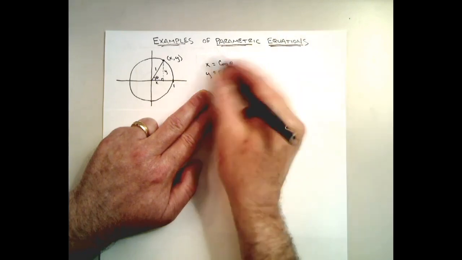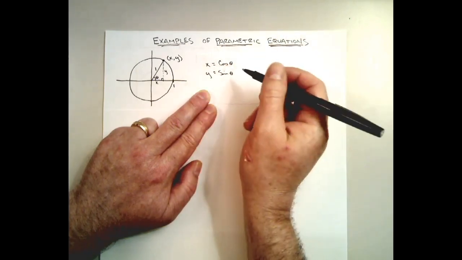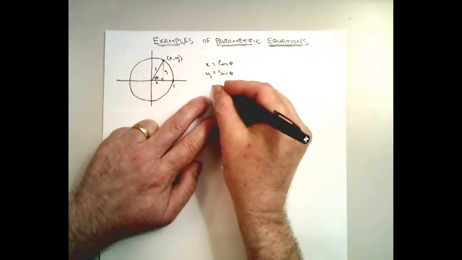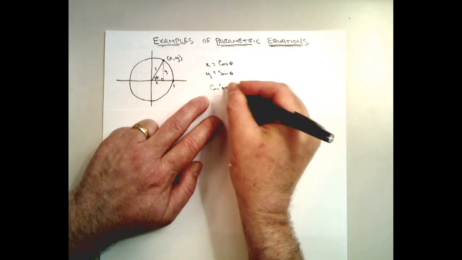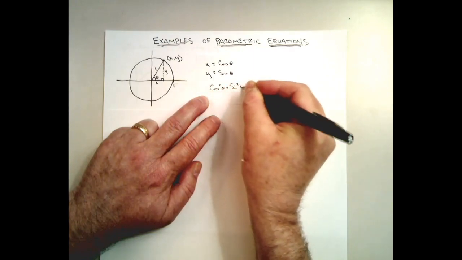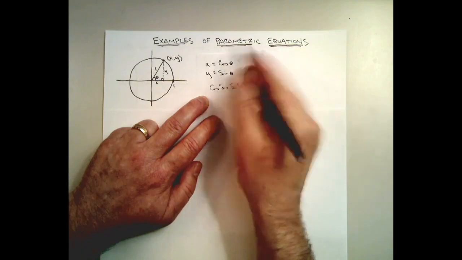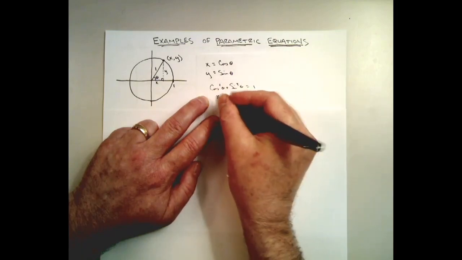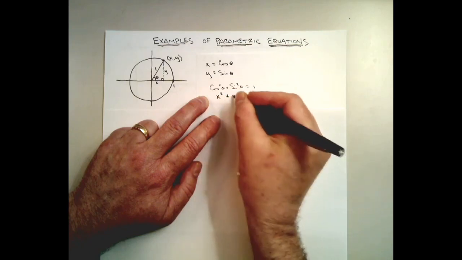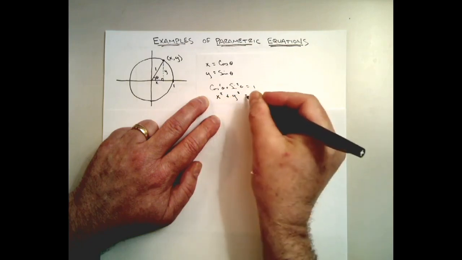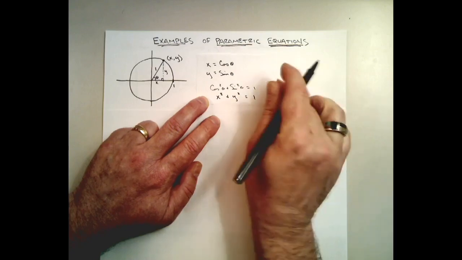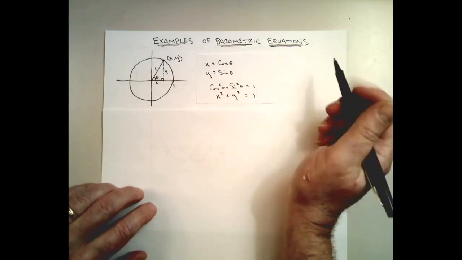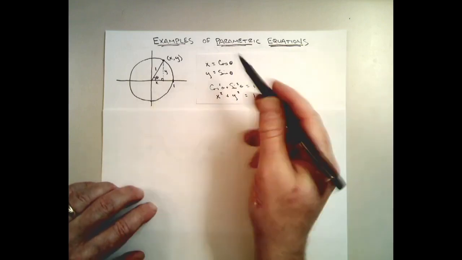And what we have then is a pair of parametric equations which describes the circle. We know that cosine squared theta plus sine squared theta is always 1, and so I can translate from that to x squared plus y squared is always 1 whenever x and y are defined in this way.